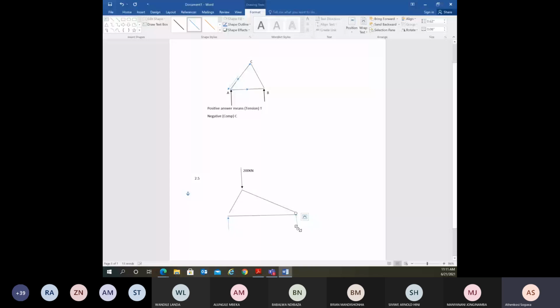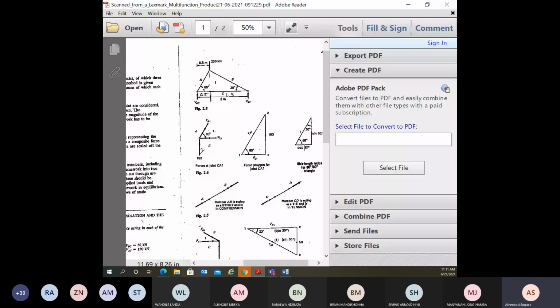Now, you are also given the distances here. The total distance is 2.5. And at the top, it's been indicated that from here to the end, it's 0.5.